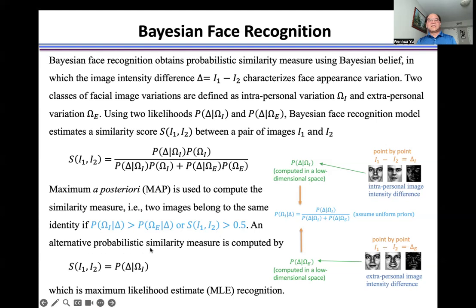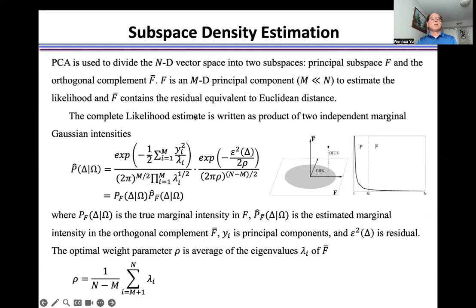An alternative probabilistic similarity measure is computed by using likelihood, which is a maximum likelihood estimate recognition. The details are described graphically here. Principal component analysis is used to divide the n-dimensional vector space into two subspaces, namely the principal subspace F and the orthogonal complement F bar.